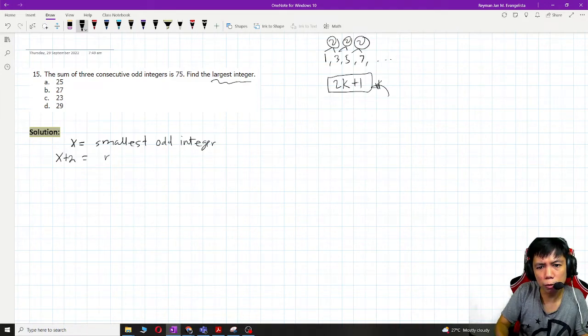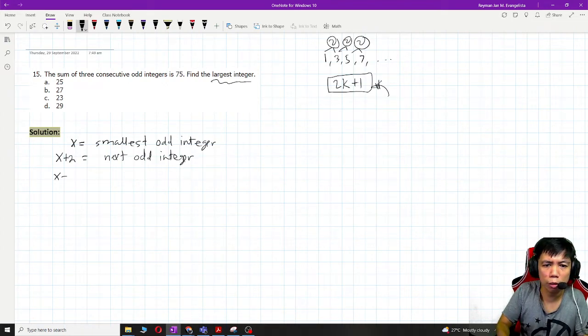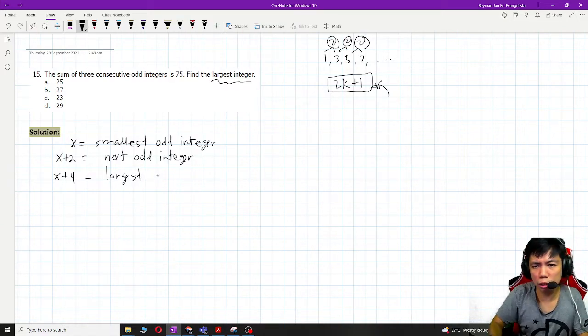So next odd integer, and then susunod, so mag-add ka ulit ng 2, kaya magiging x plus 4. So that means this is the largest among the three, largest odd integer.